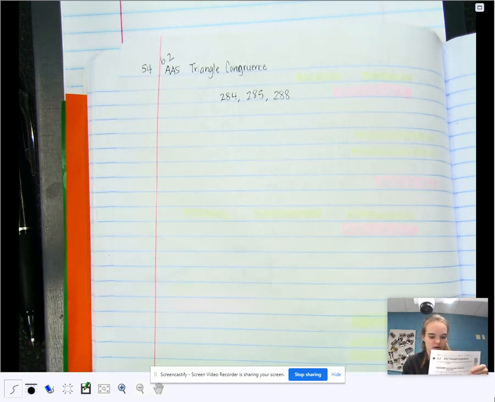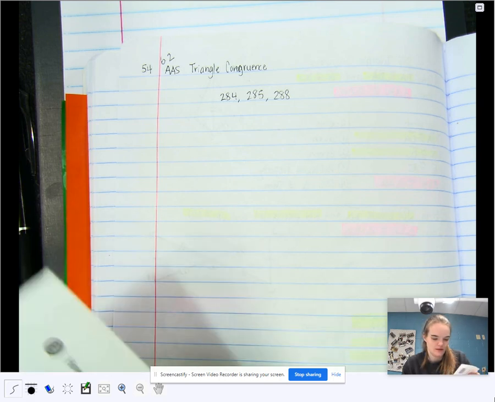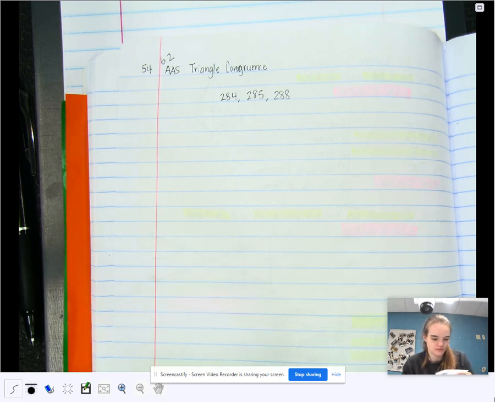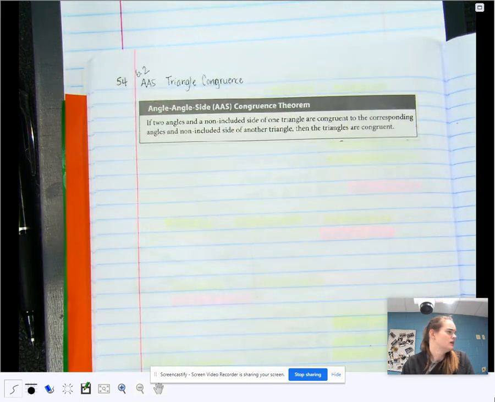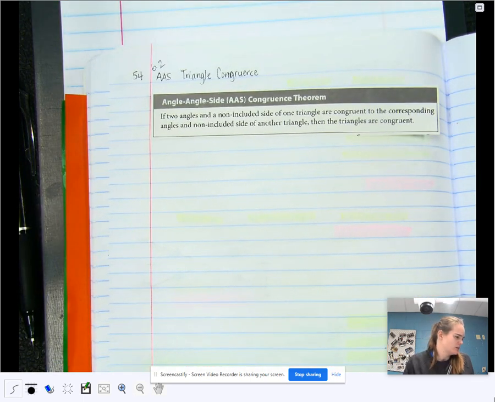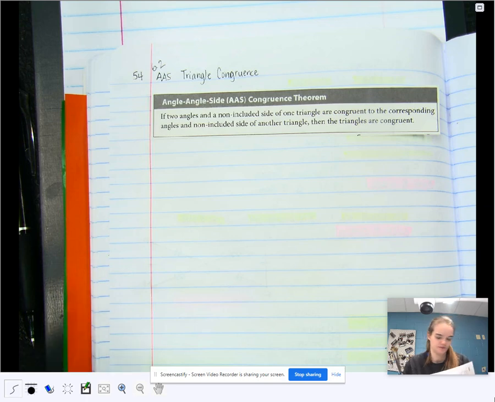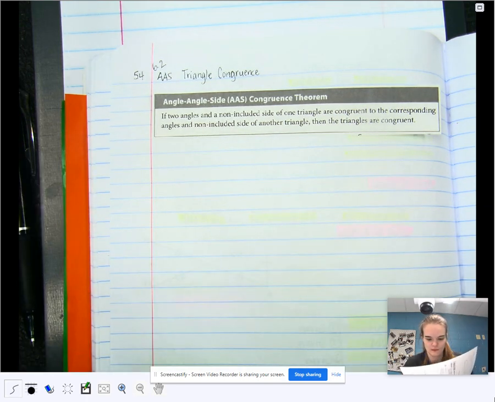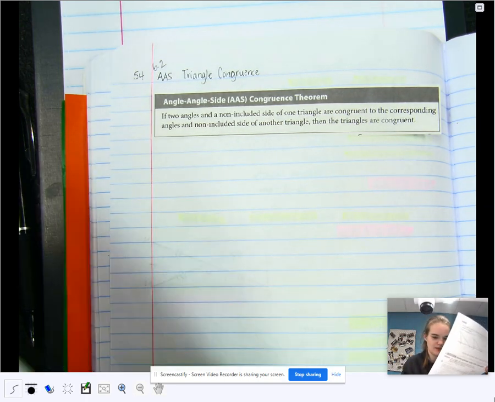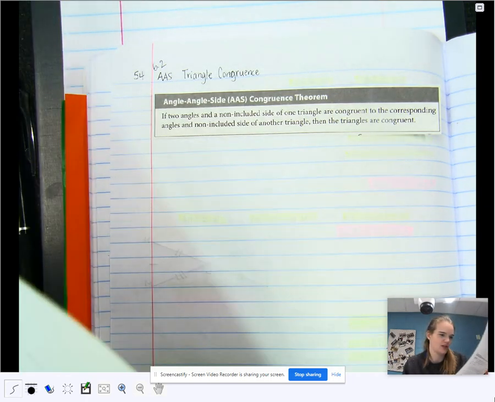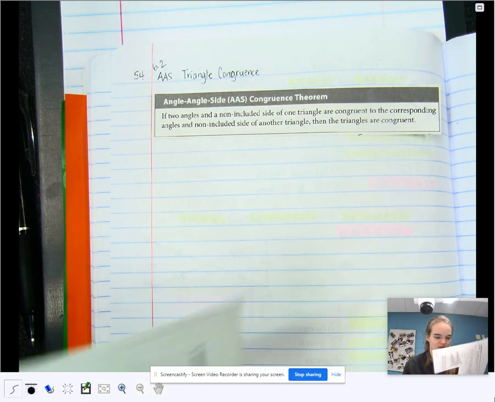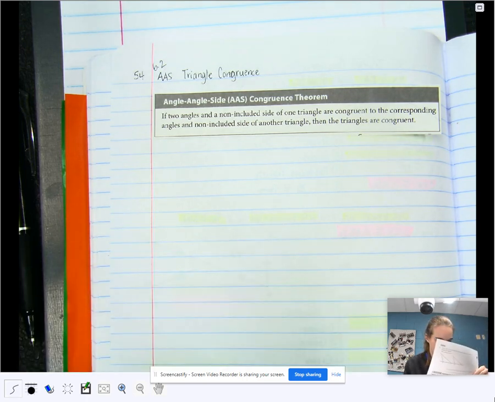From 284, you are cutting out the theorem. That's from 284. From 285, you're cutting out A and B. Now, A and B wants you to prove using a flow chart proof, and we don't use those. They're very weird.